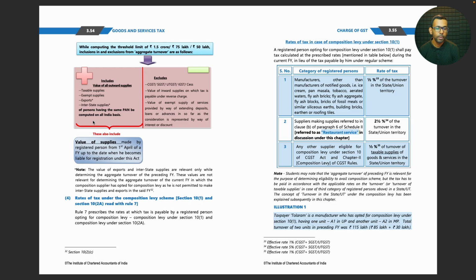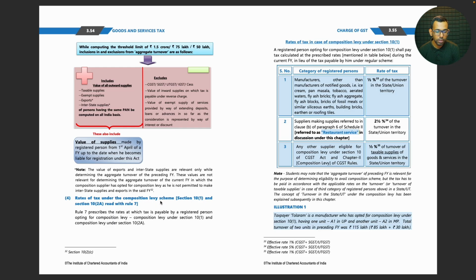All the supplies under the same PAN will be clubbed: every separate registration, but if the base PAN is the same, it has to be clubbed. Excluded are CGST, SGST, UTGST, the value of inward supply based on reverse charge, and the value of exempt supply of services provided by way of extending deposits insofar as the consideration is represented by way of interest or discount. Okay.